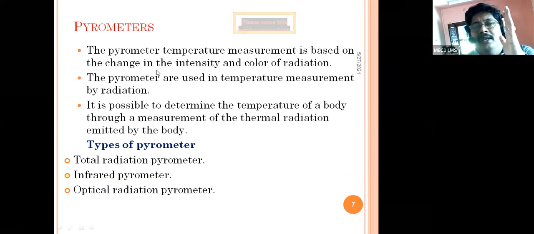What happens, for example, after 5 minutes, when the radiation falls on this hand, wherever that radiation is incident on my hand, automatically the temperature increases. The temperature changes. So here we have to measure the temperature with the help of the pyrometer.